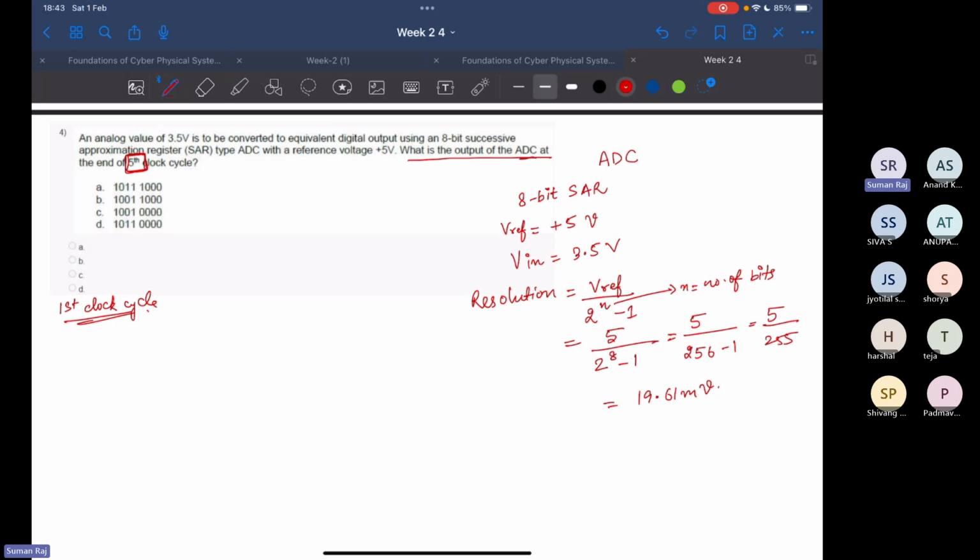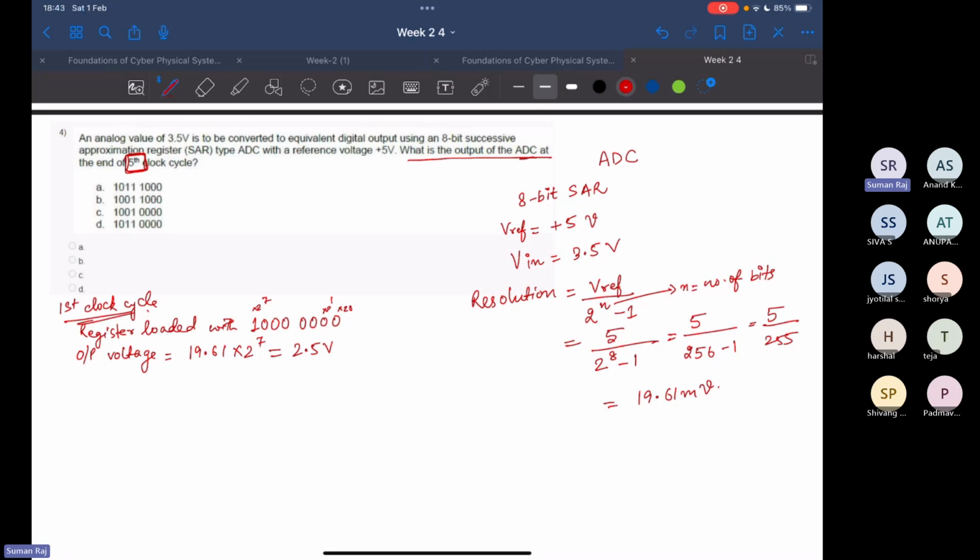So you initially load the register with 10000000. All right. So your output voltage is going to be 19.61 into 2 to the power 7. 2 to the power 7, why? Because this is going to be into 2 to the power 0 into 1 and so on into 2 to the power 7. Okay, so this is going to be 2.5 volt.